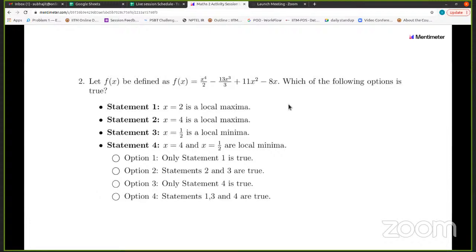And if it is strictly greater than 0, then it will be local minima. So we have to just put the values 2, 4 and half into f double dash x and see whether those are positive or negative. Can someone explain to me which ones are maxima and which ones are minima?